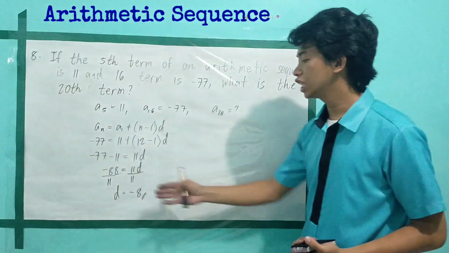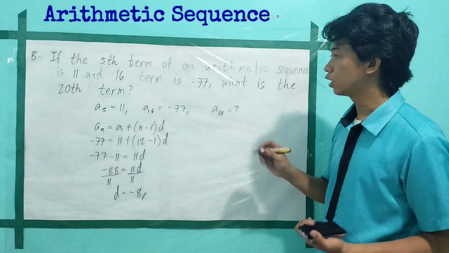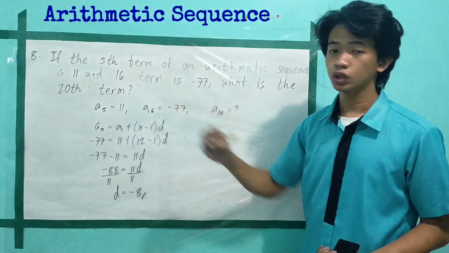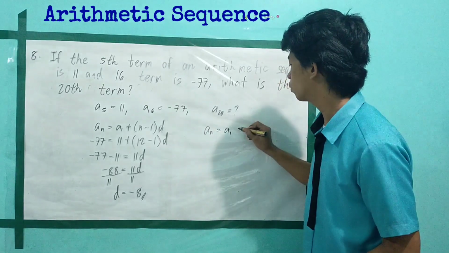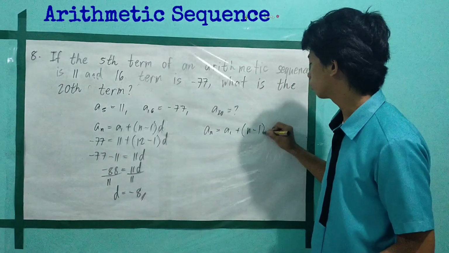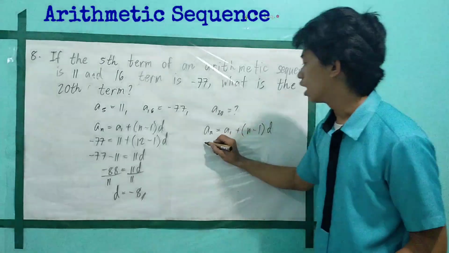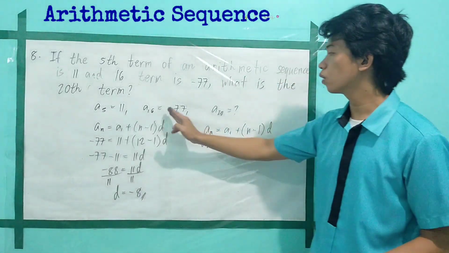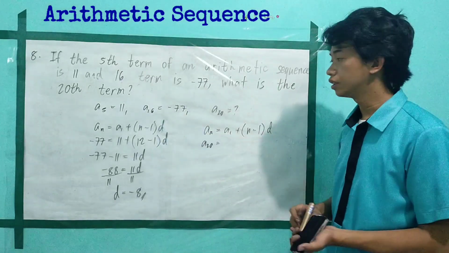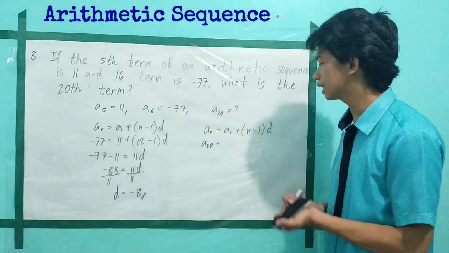Okay, so nakuha na natin yung difference natin. Ngayon, kunin naman natin yung 20th term. Using formula a sub n is equal to a sub 1 plus n less 1 multiplied to the common difference. Okay, a sub 20 is equal to, gawin naman natin a sub 1 yung negative 77, yung a sub 16 natin.